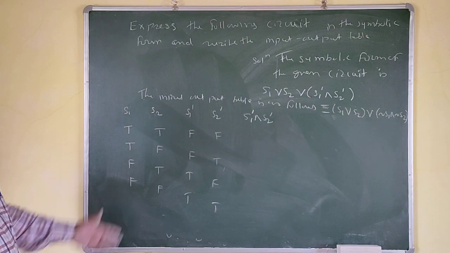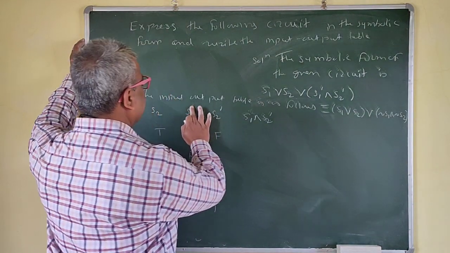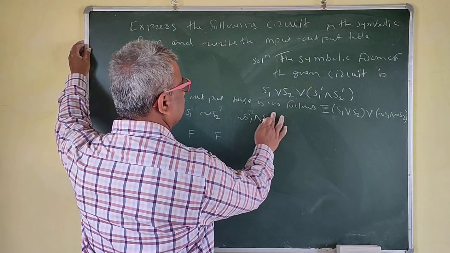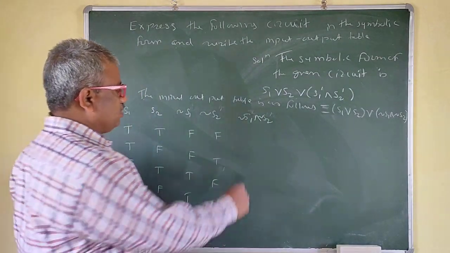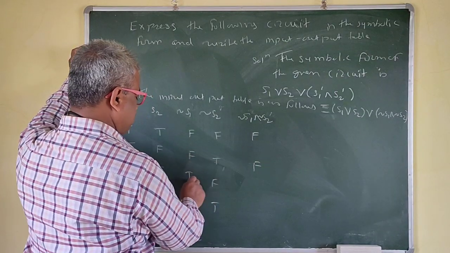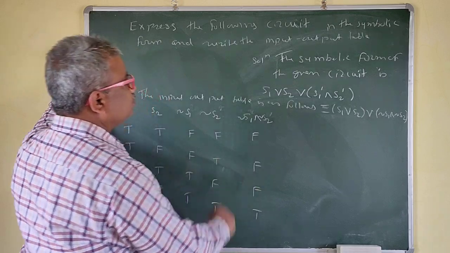Now we'll write negation of S1, negation of S2. So negation of this one, negation of this one. F and F is F. F and T is F. T and F is F. T and T is T now.